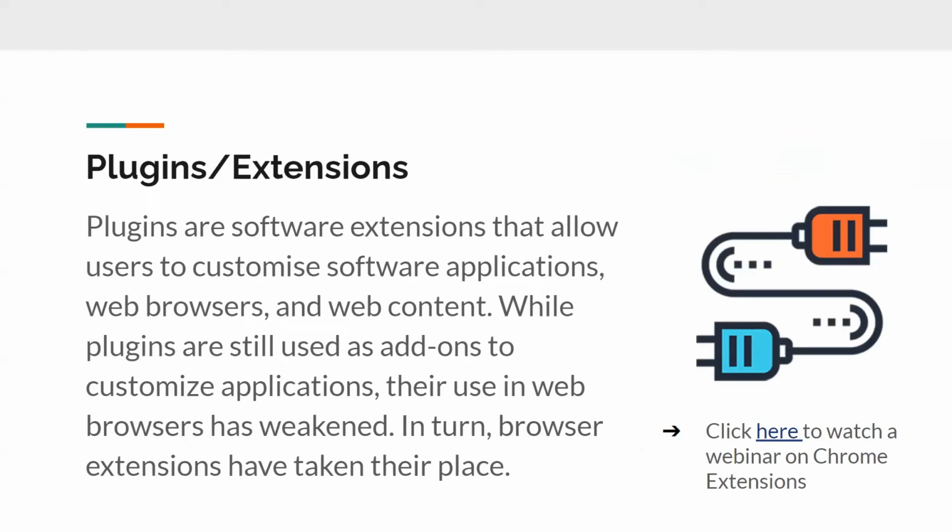So for example, a plugin might let you add things like your mouse or a Bluetooth device to a software you're using, whereas an extension would do something like adding better security or enhancing something that's already in your application. If you want to learn more about this, similarly, there will be a link to a webinar on your slideshow.